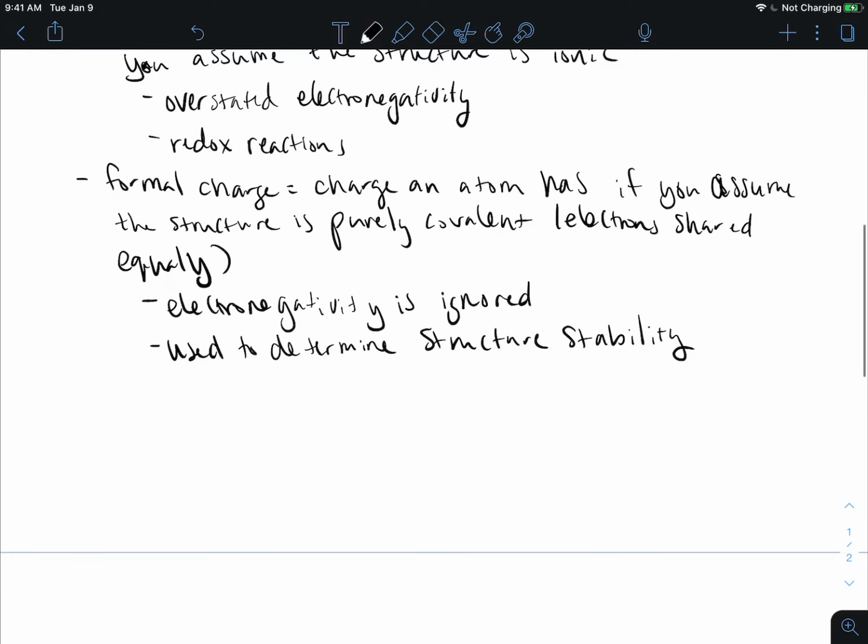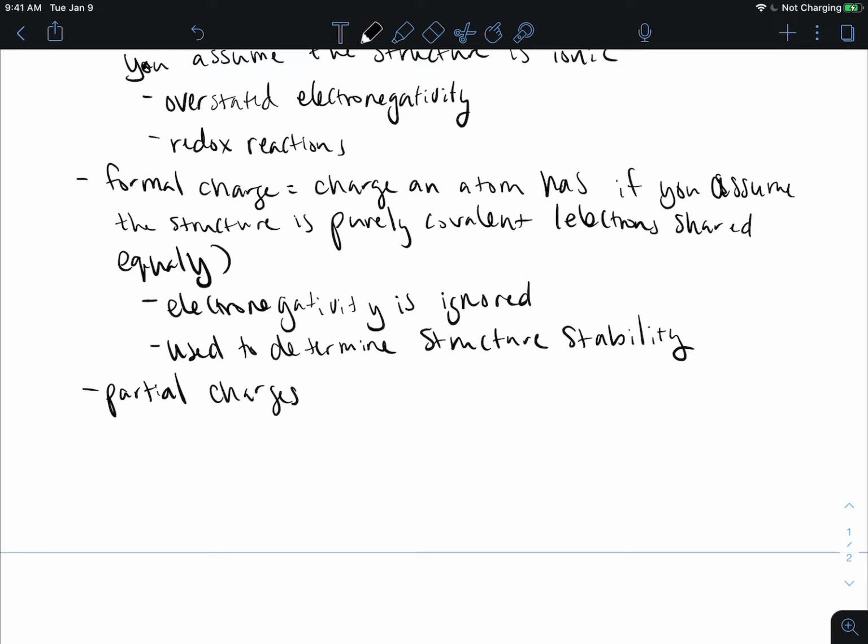Okay. And then what we've looked at already, but we're going to revisit right now, is the idea of partial charges. Partial charges actually take a good approximation of electronegativity. So it is saying that, okay, we have covalent bonds, but we do not have pure covalent bonds. We can have covalent bonds that have some ionicity to them, as in one atom can pull electron density more than another within a bond.